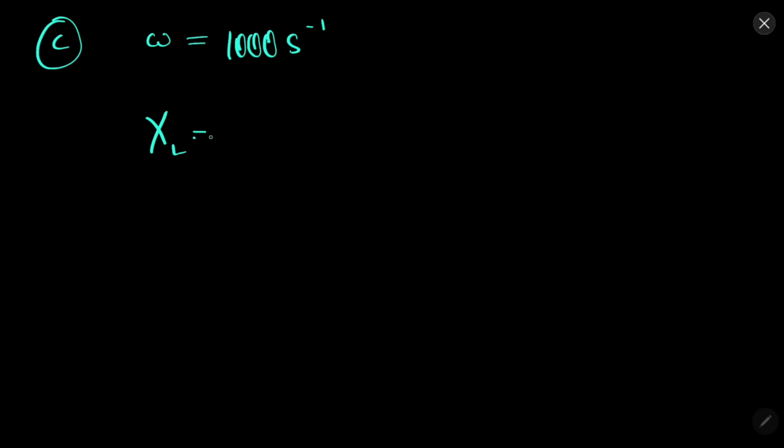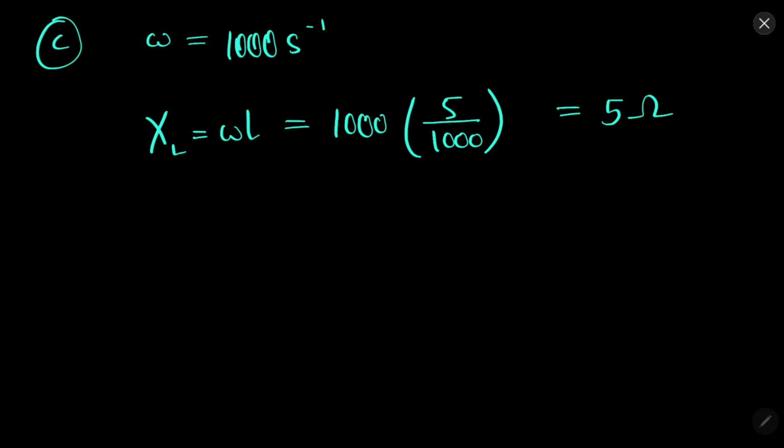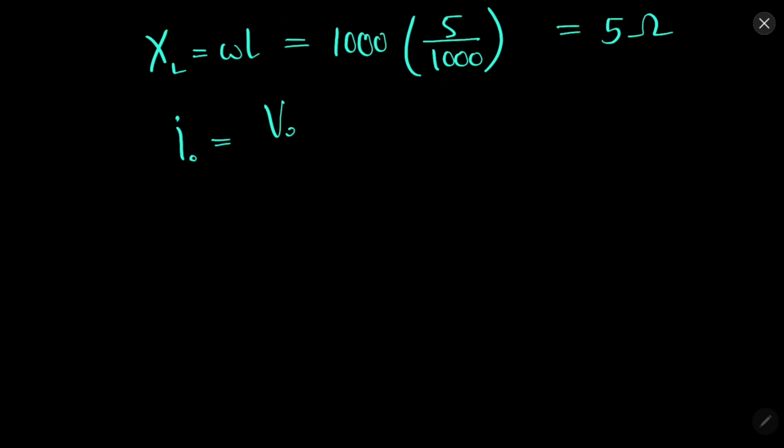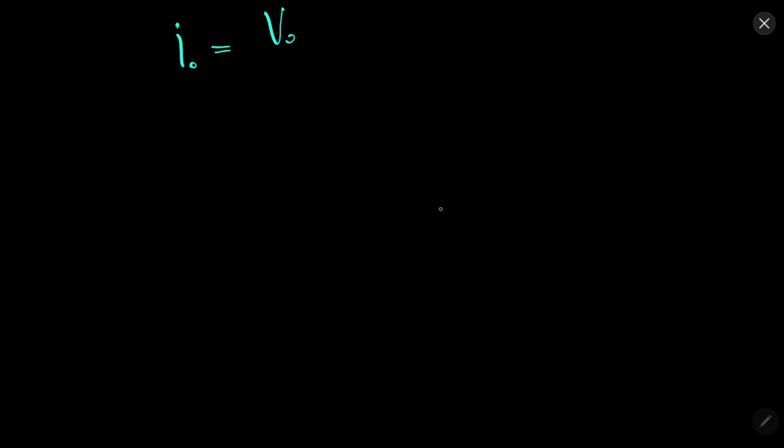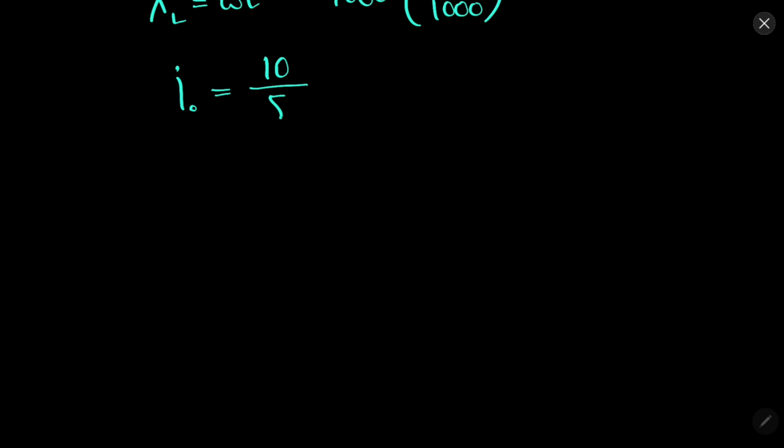Then omega becomes 1000 per second. So XL will be omega L, 1000 into 5 over 1000, so it will be 5 ohms. So I naught will be V naught over XL. Or let's directly put the values, 10 over 5, 2 ampere.